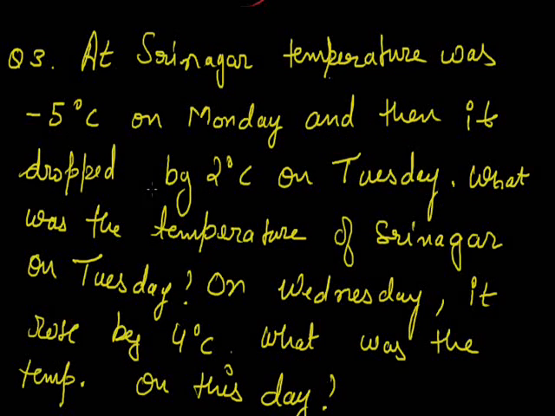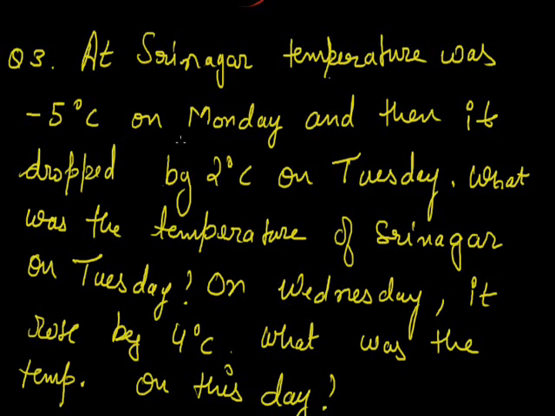Now first let us understand the question. At Srinagar, the temperature was minus 5 degrees centigrade on Monday. Then it dropped, that is it decreased by 2 degrees centigrade on Tuesday. That is it reduced further by 2 degrees centigrade. And it is asked what was the temperature on Tuesday.